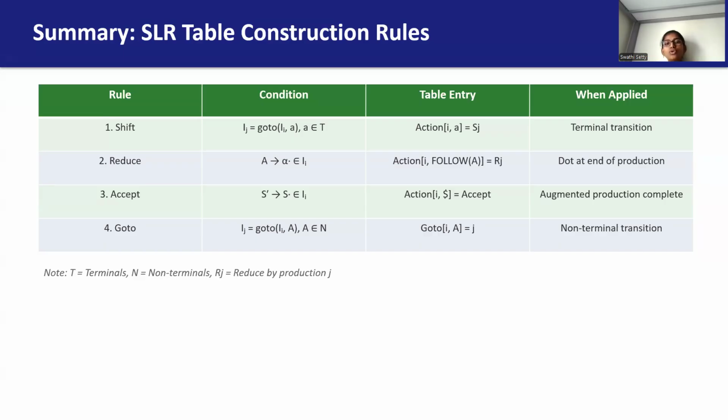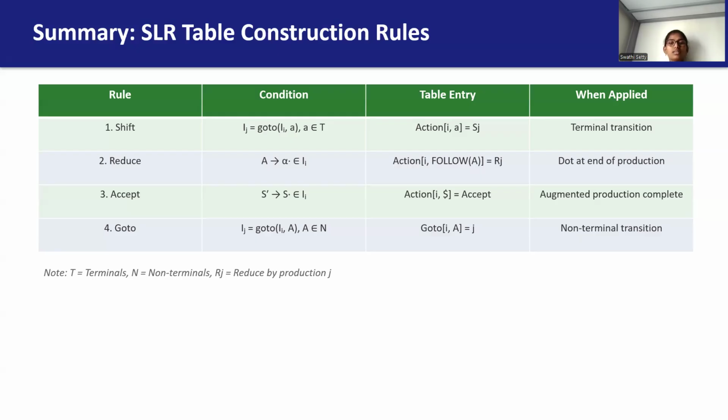For goto, the second argument in the goto operation has to be a non-terminal. The table entry, as I discussed, and when it is applied: terminal transition for shift; reduce, dot at the end of the production; accept, augmented production is complete; goto, non-terminal transition.